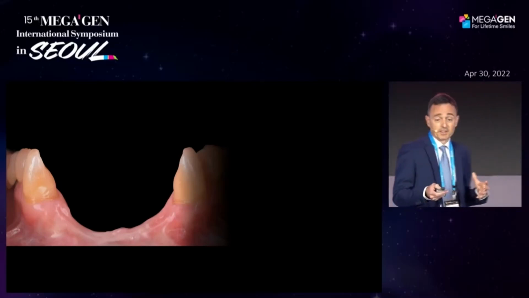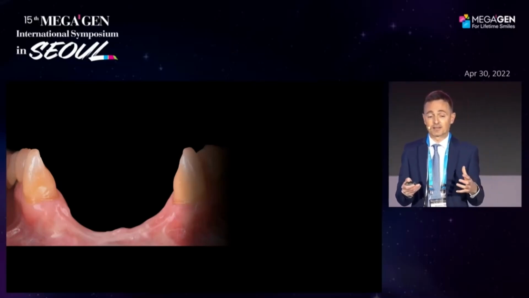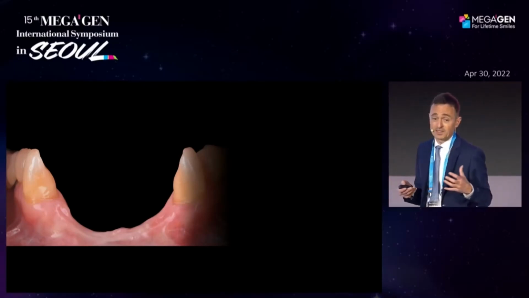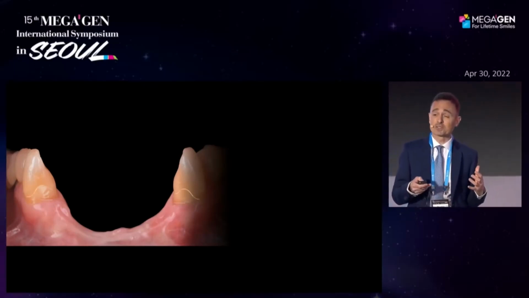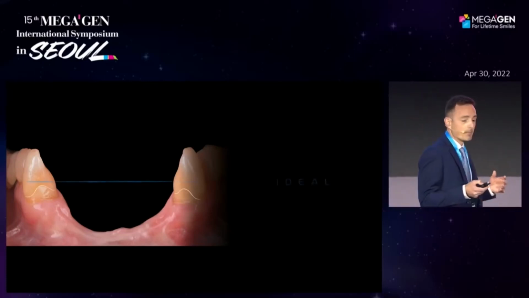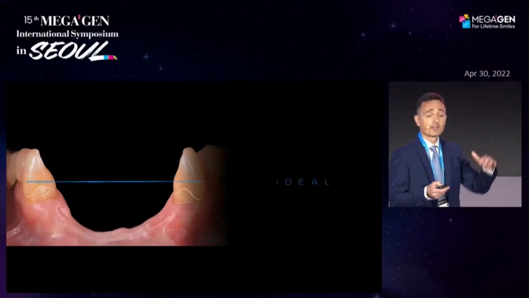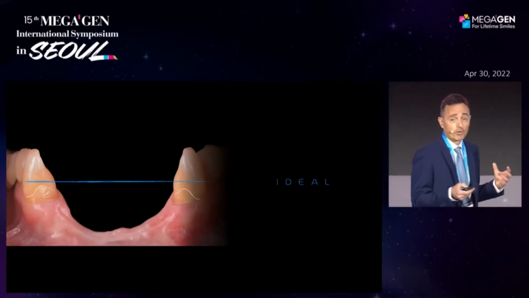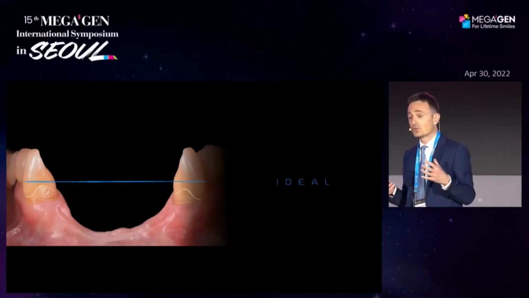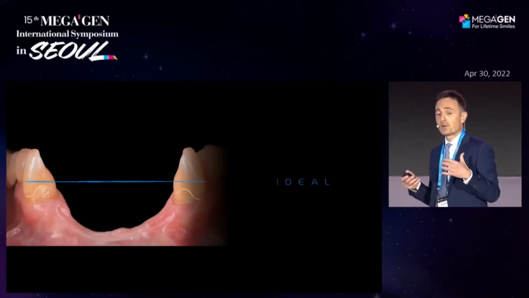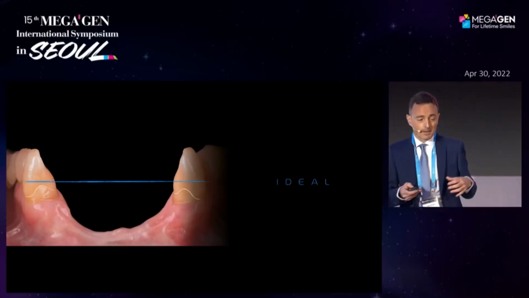But in this case, evaluating the initial clinical situation, we can understand that we have a problem because we have a loss of soft tissue, and the CEJ line of the adjacent tooth was not covered by soft tissue. Obviously the patient would like to reach this kind of ideal clinical situation, but to reach it, we need to remove also the canine and start to regenerate from the papilla, the major papilla of the first premolar.